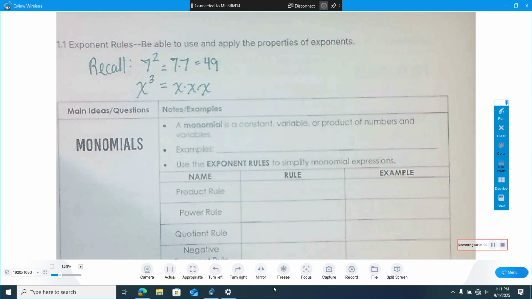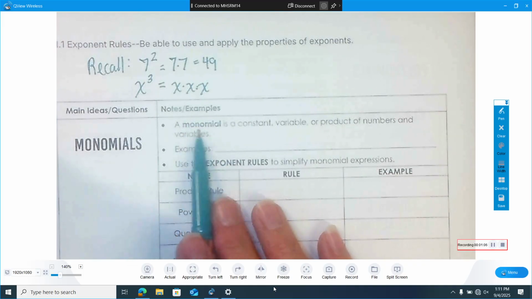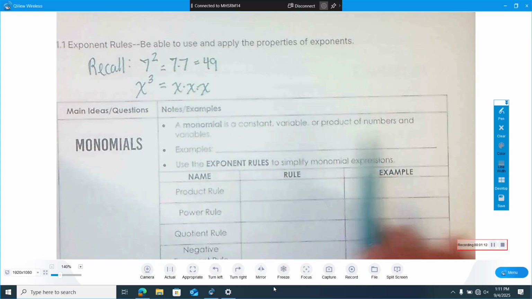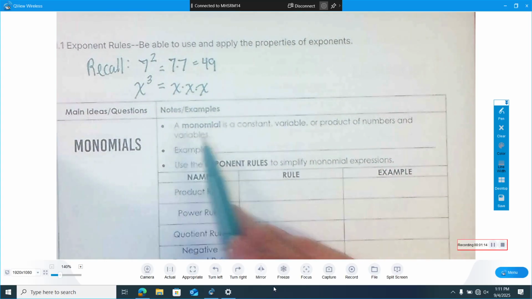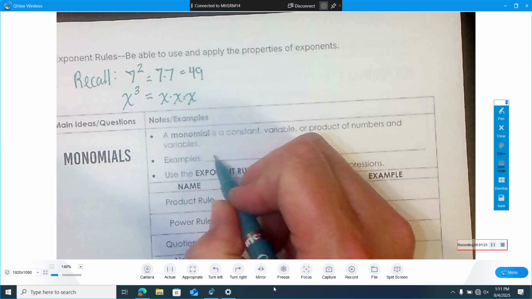And so, a monomial, what's mono? 1, yeah, is a constant, variable, or product of numbers and variables. It's a single term, okay? A single term. And so for this, we have a few examples here.